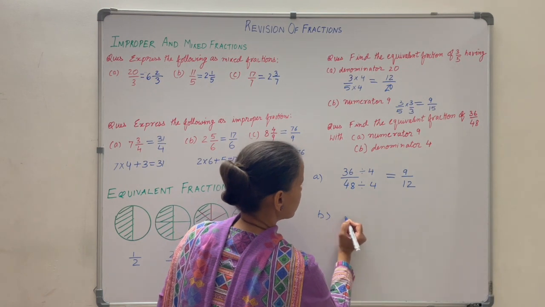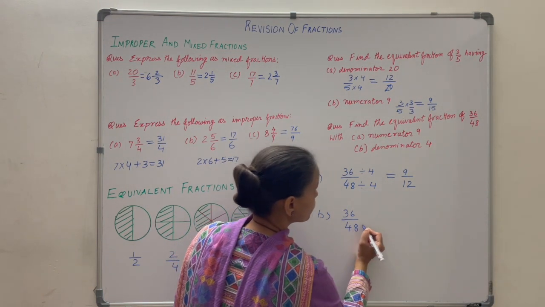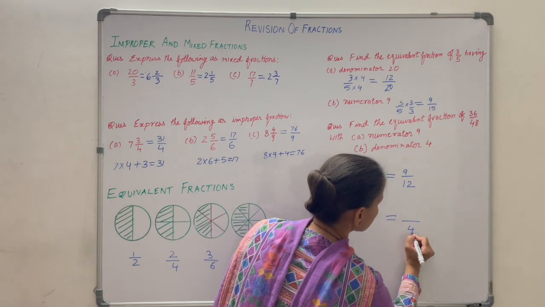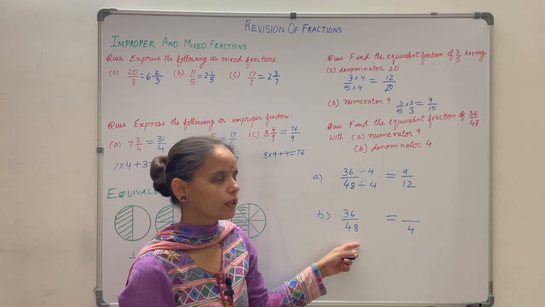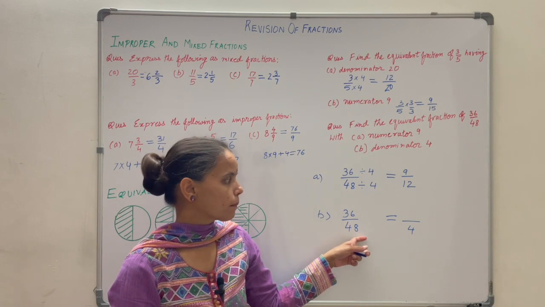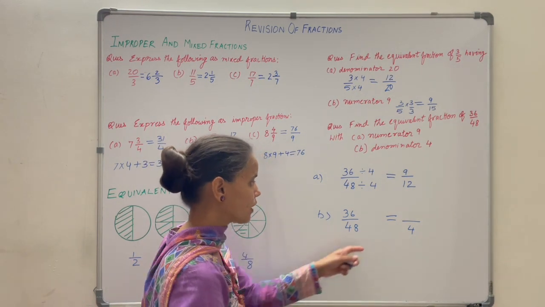In the B part, 36 by 48 is the fraction given to you. You need to find the equivalent fraction where the denominator is 4. Now here also the denominator 4 is smaller than 48. That means you have to divide this by some number. Then only you can get 4. So how can you find that?